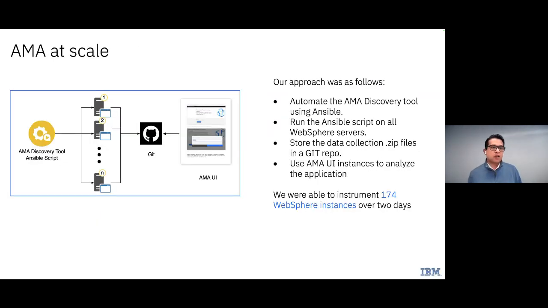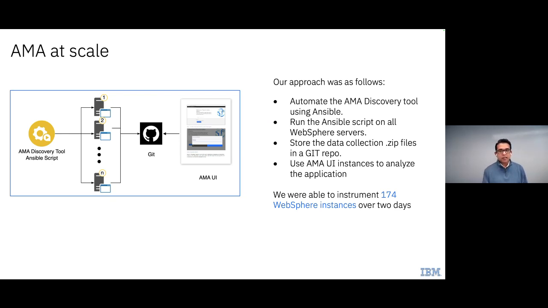As my talk is about how we scaled it, yes, you have a tool, but think about every application squad or application team installing it in their environments, which is going to be time consuming. So what we did is leverage Ansible to automate the discovery tool for AMA. We created an Ansible playbook and ran it on more than 174 WebSphere instances over the weekend.